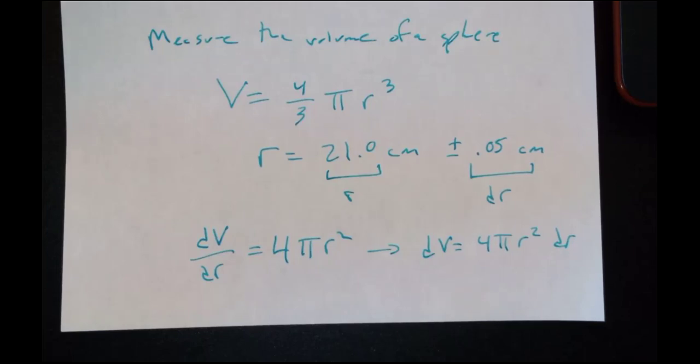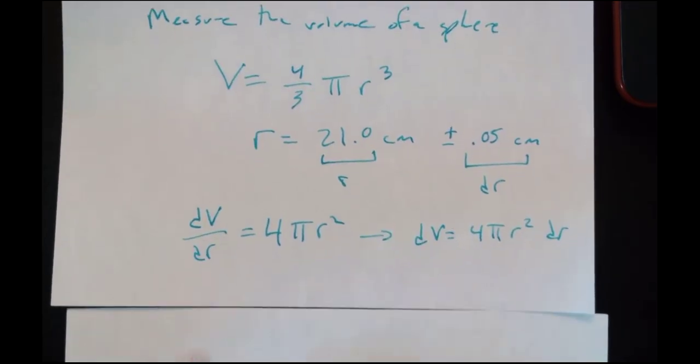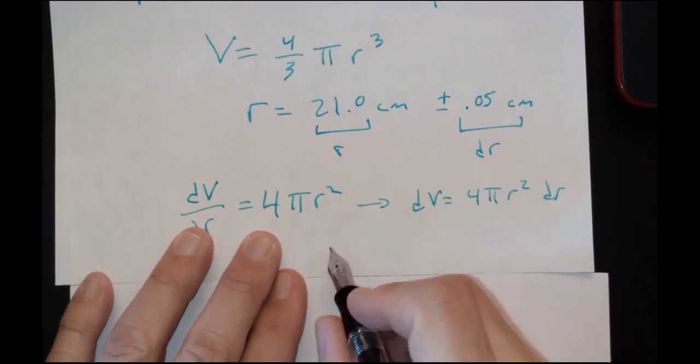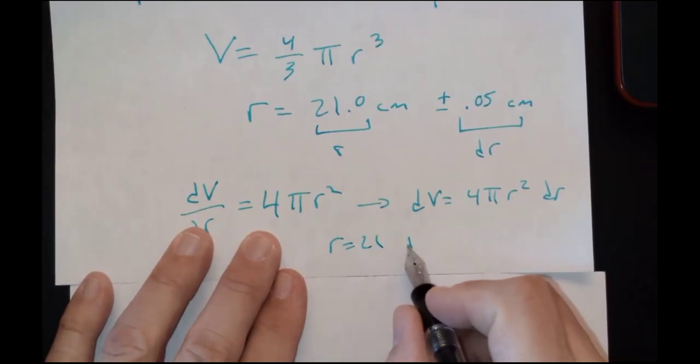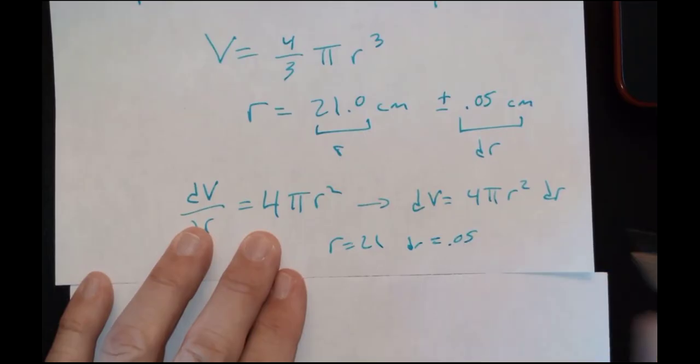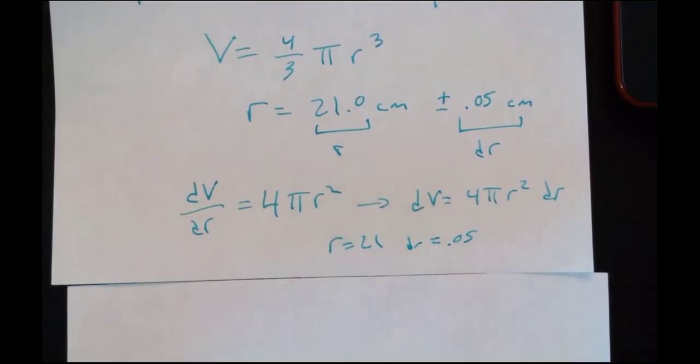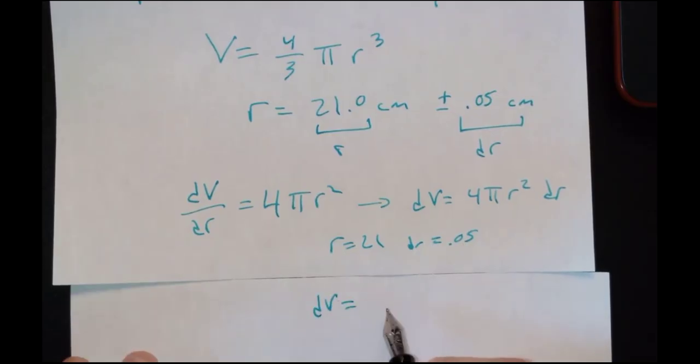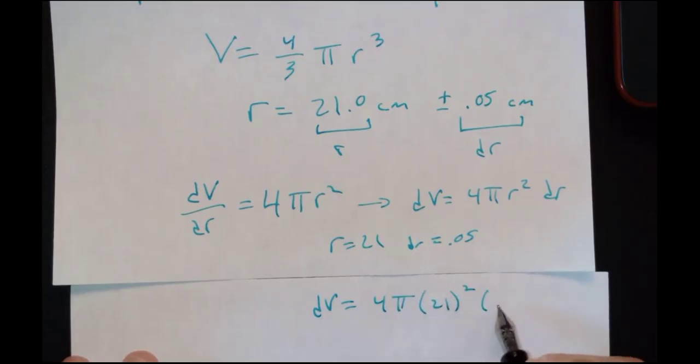And you can tell me the maximum error possible in my volume. I'll use the positive version, but if you want, you could just put a plus or minus in front of this whole thing. And you get dV is 4 times pi times 21 squared times 0.05.